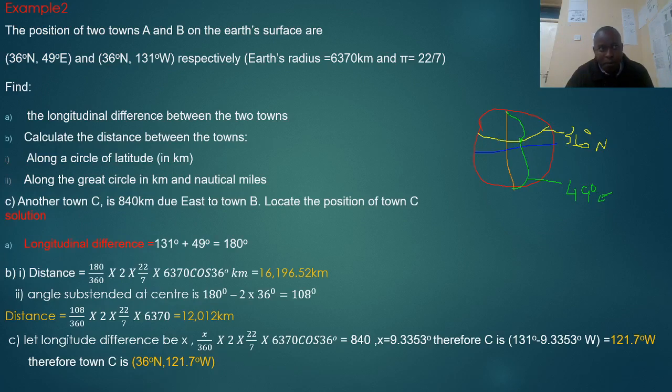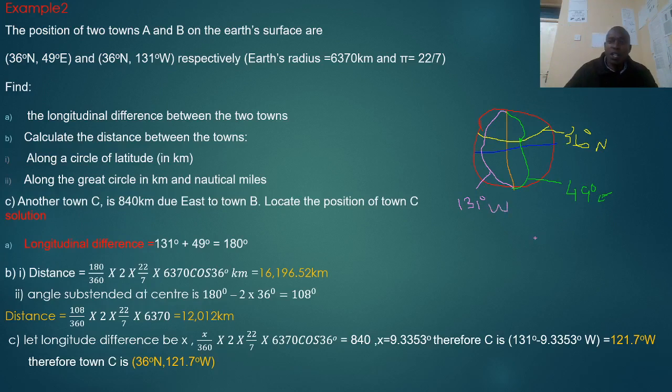This is our point A, and our point B is 131 degrees west. If I talk about 131 degrees to the west, call this 131 degrees to the west. Drawing might not be so good, but the most important thing is for you to understand what I mean.